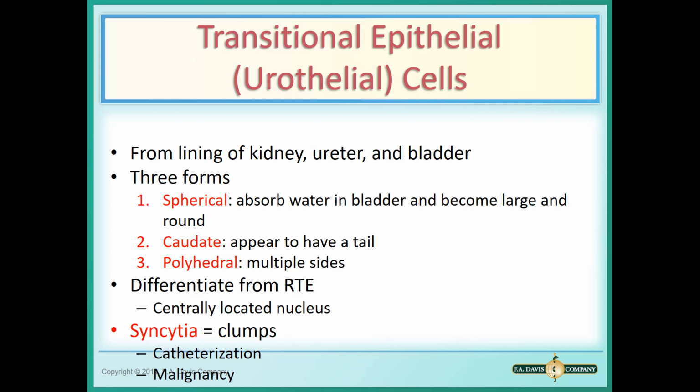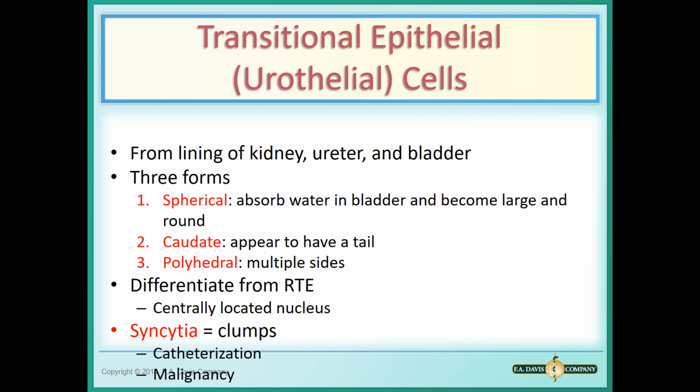They get big and round and chubby and spherical shaped. Caudate, or caudal, are the ones that look like they have a tail. The one that I just showed you in the picture had a round head, the round part of the epithelial cell, and then a little tail. And polyhedral are ones where you can see them with multiple sides.